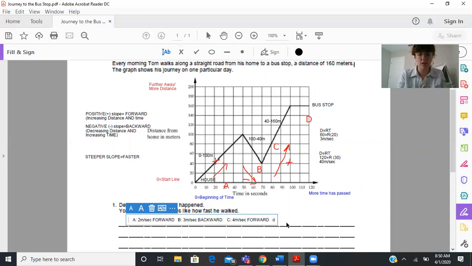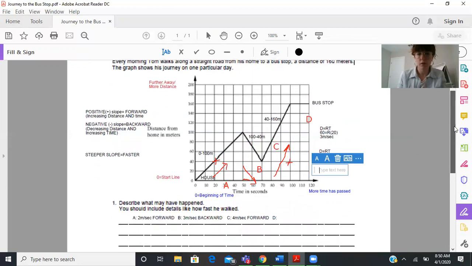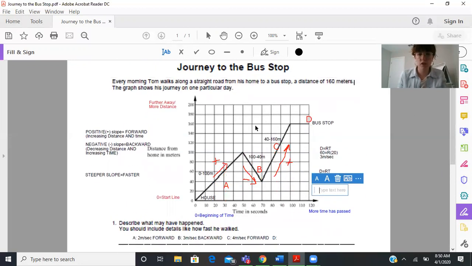And then for section D, this one is a little bit more interesting. For section D, his distance is 0 because from 100 to 120 seconds, he doesn't increase or decrease distance.